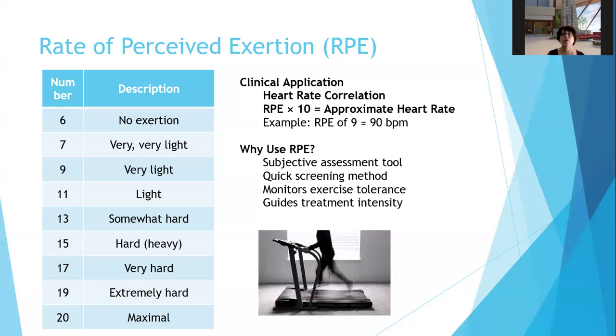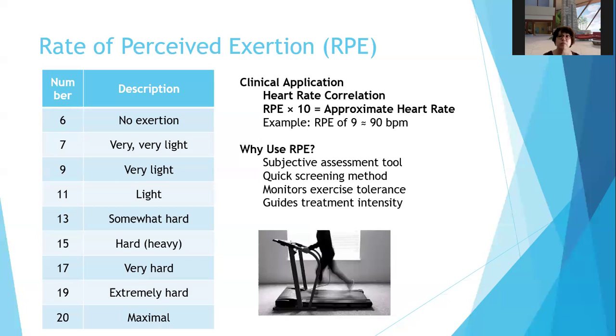But the heart rate correlation from the original Borg scale is the RPE times 10 is the approximate heart rate. So if you have an RPE of somewhat hard or 13, it approximately equates to beats per minute of 130. However, with the 1 to 10 scale, it doesn't equate.